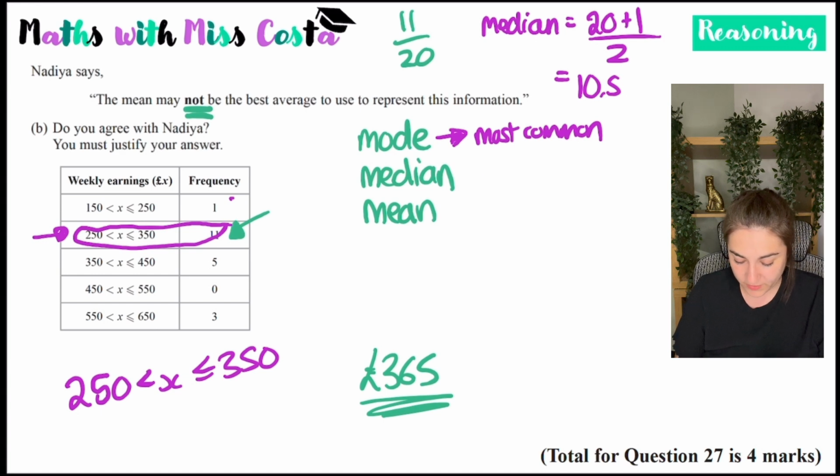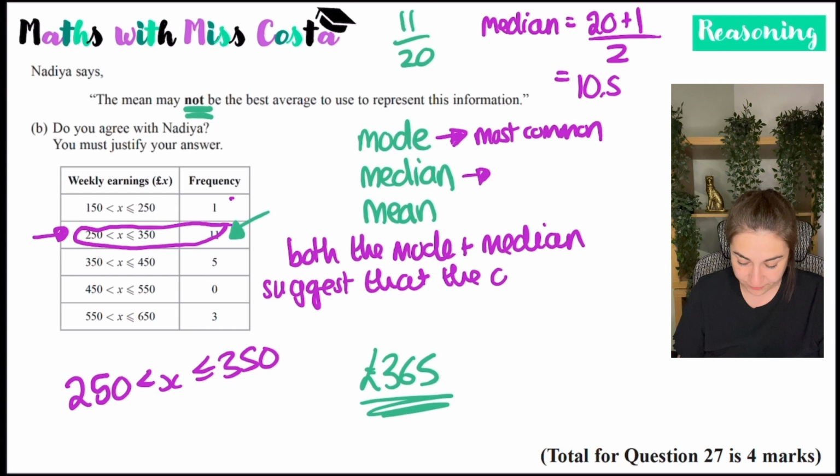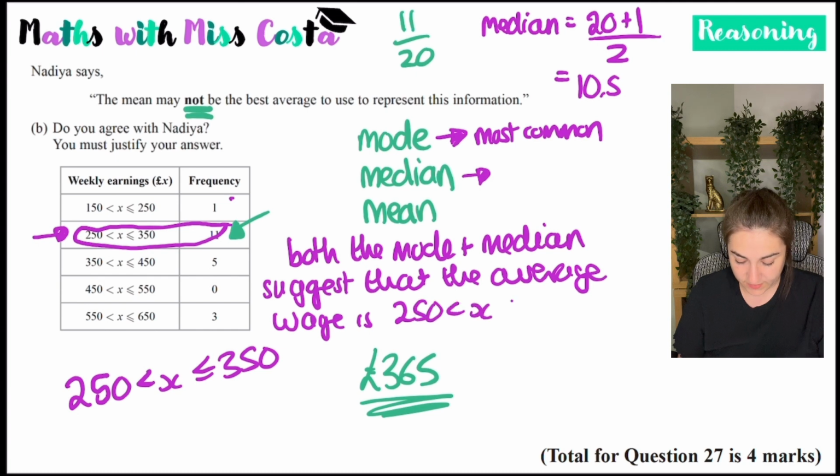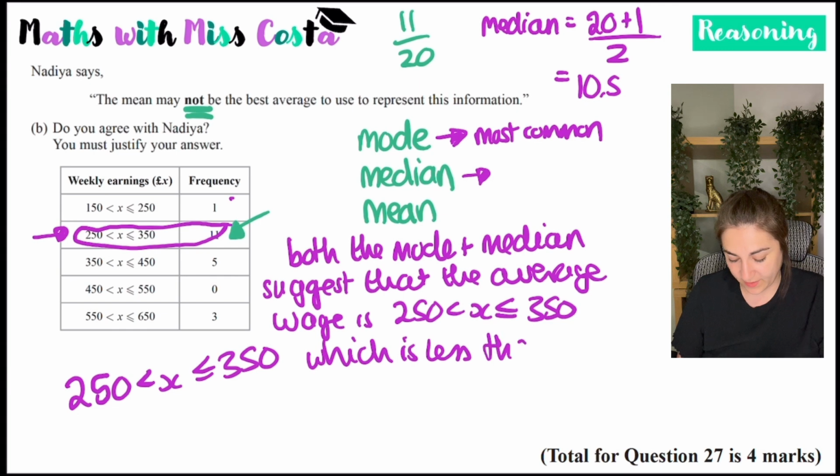So both the mode and the median suggest that the average wage is between 250 and 350 pounds, which is less than what the mean suggests.